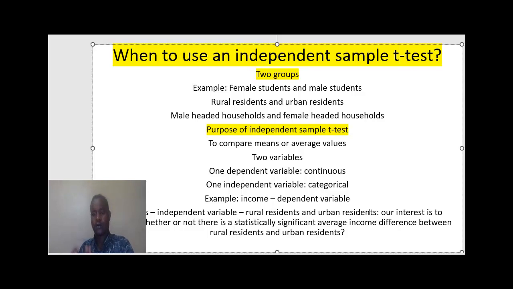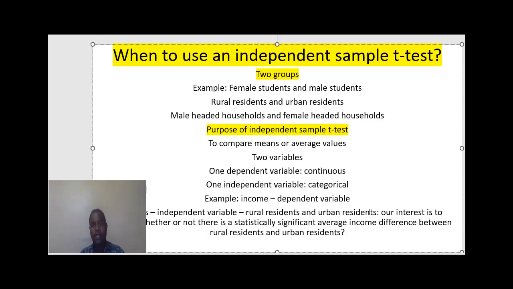Based on the finding, we could say that there is a statistically significant difference between the two groups in terms of income, or we could say there is no significant difference between the two groups in terms of income. This will depend on the p-value that we get from running independent sample t-tests in a statistical software like SPSS, Stata, or another.